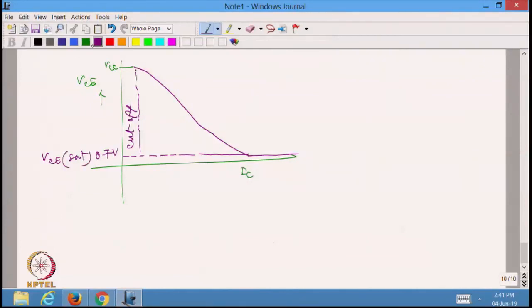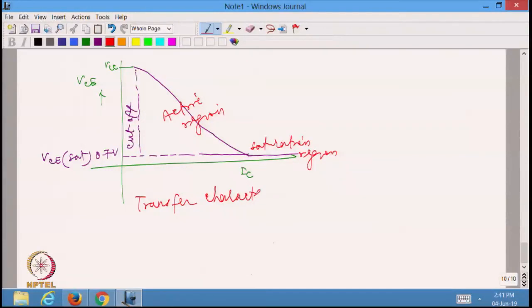And this is essentially the saturation region of the transistor. Obviously, whatever is in the middle is the active region. Okay? This is generally known as the transfer characteristics of the BJT, right.